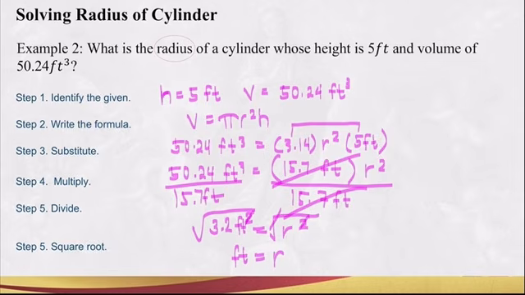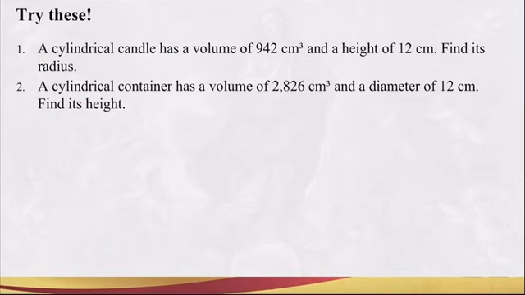Since 3.2 is an irrational number, you can use your calculator to easily identify the square root of 3.2, and that is equal to 1.79. So the radius of the cylinder is 1.79 feet. Now it's your turn. Try to solve these two problems. Identify the height and the radius. Good luck. Thank you.